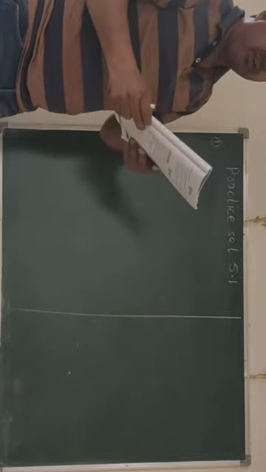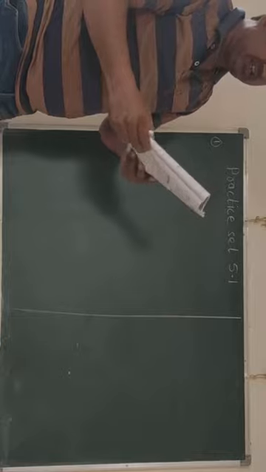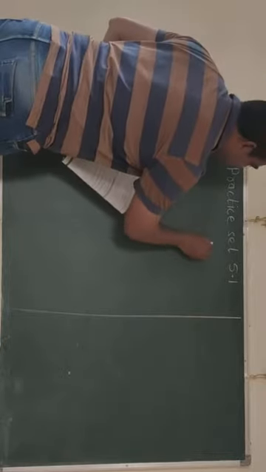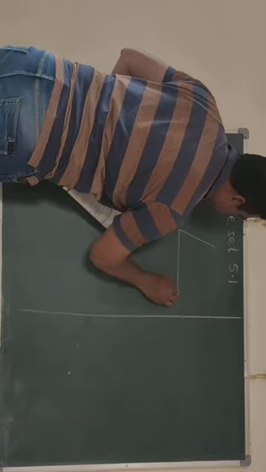Diagonals of parallelogram WXYZ intersect each other at point O. So for your convenience, I am drawing a diagram. First question.